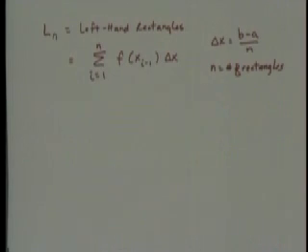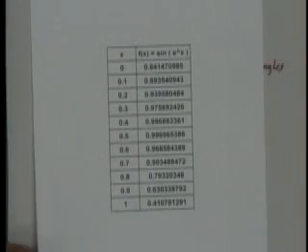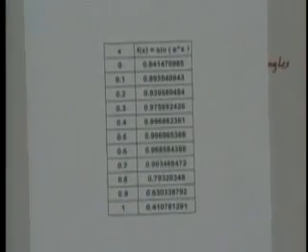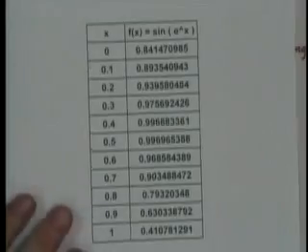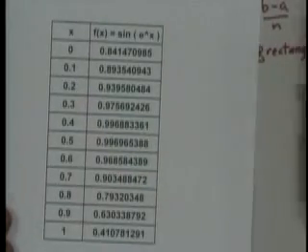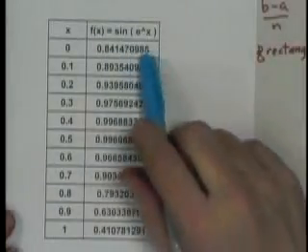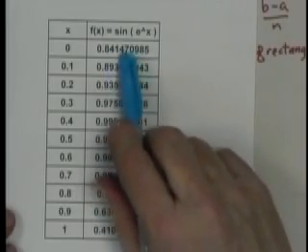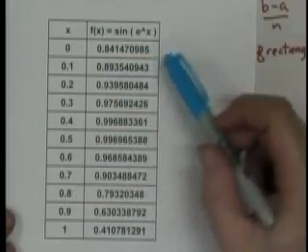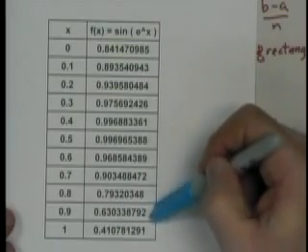Now, in the homework, you're going to be asked to get 6 decimal place accuracy, which means when you're taking these data points, you're going to need more than 6 decimal places. In fact, I recommend 8 or 9 decimal places, so that if you add up 10 of them, you're not going to be off.